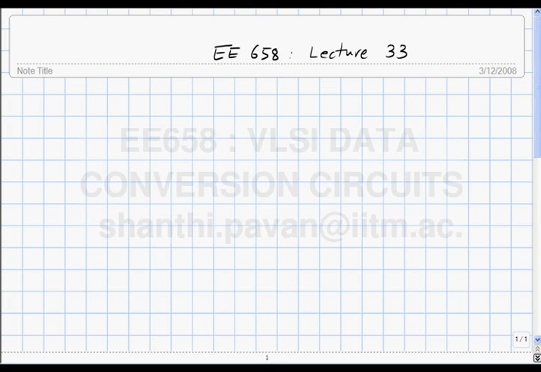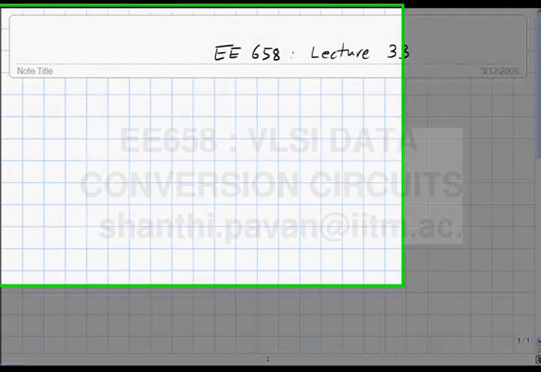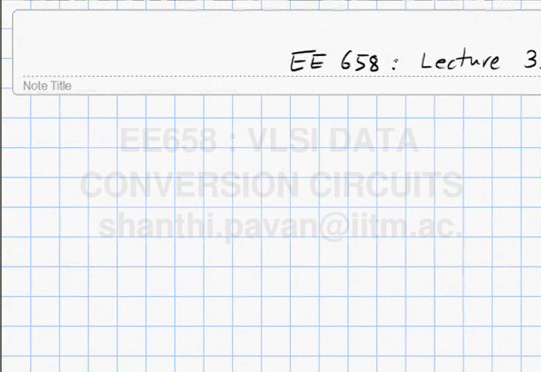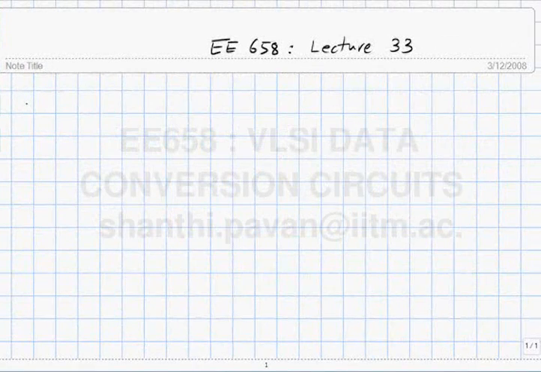So one other thing we also need to look at is to see if there is any difference between the two cases. As far as we saw, DNL, definitely you are doing much poorer when you do a binary weighted design. The question is, is the INL any better or worse?